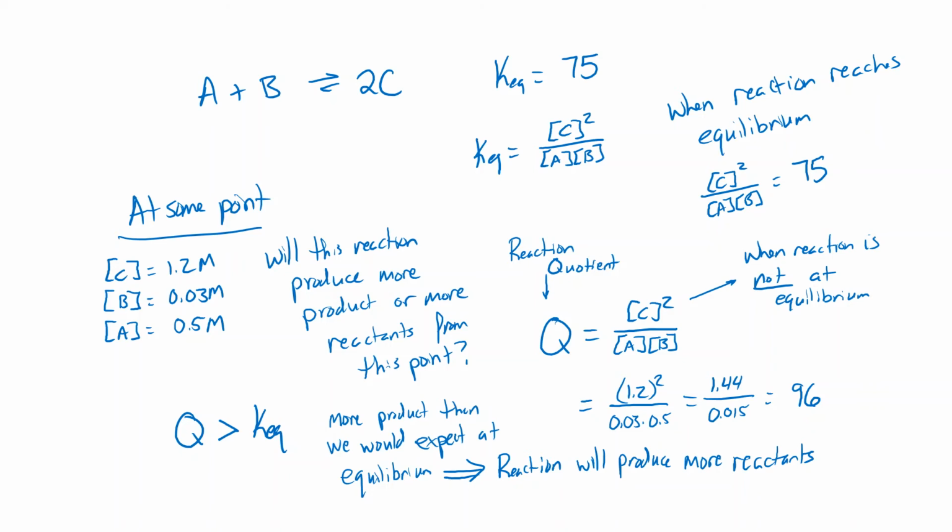Okay, so what happens now if we take those same concentrations? The concentration of C is 1.2 molar. The concentration of B is 0.03 molar. And let's say that we add a little bit more A. We get this up to 0.7 molar.